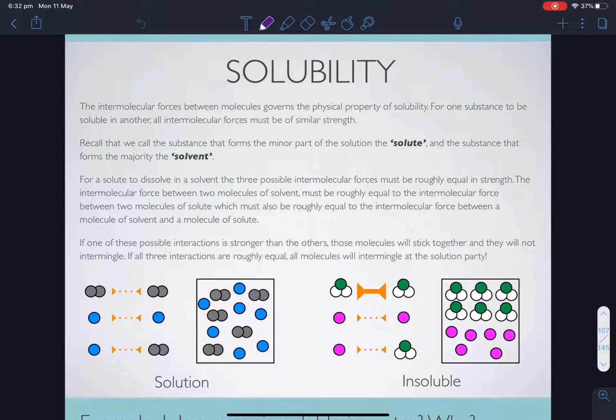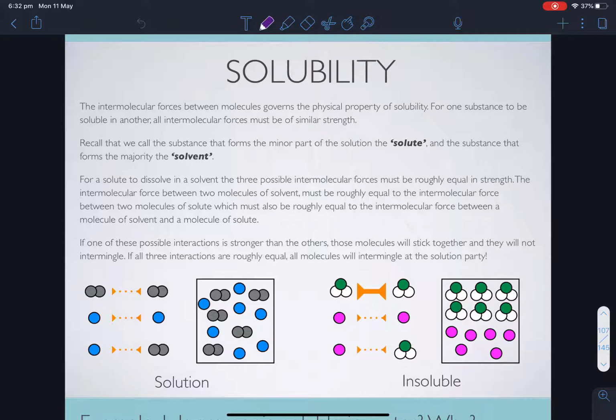The intermolecular forces between two molecules of solvent must be roughly equal to the intermolecular forces between two molecules of solute. And they must also be roughly equal to the intermolecular forces between a molecule of the solvent and the solute. So we're talking about the three possible combinations between these two different types of molecules.